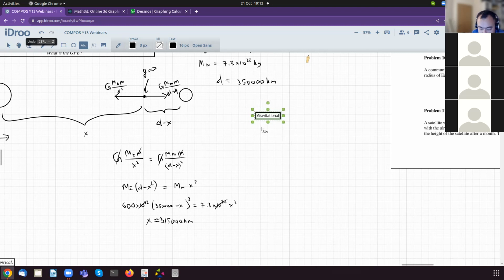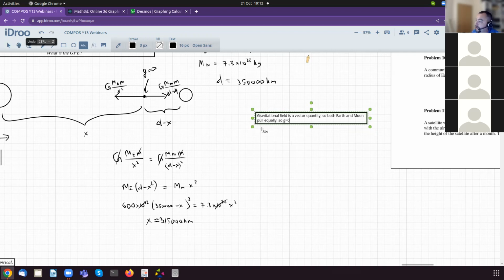So both Earth and Moon pull equally. So the gravitational field strength is 0.